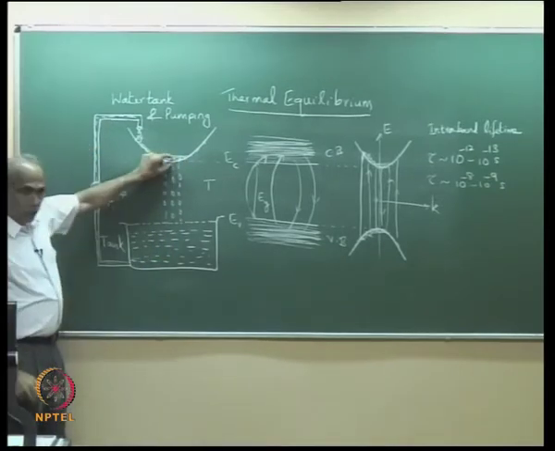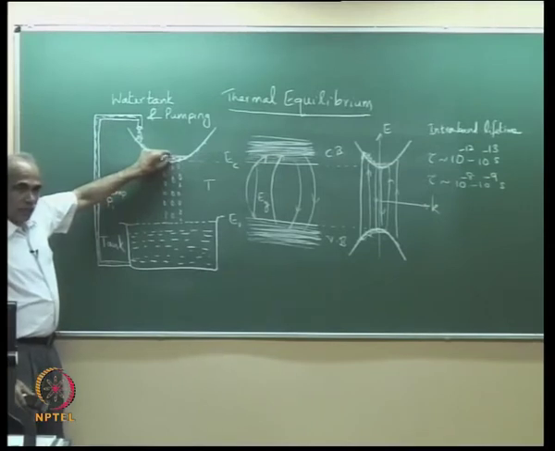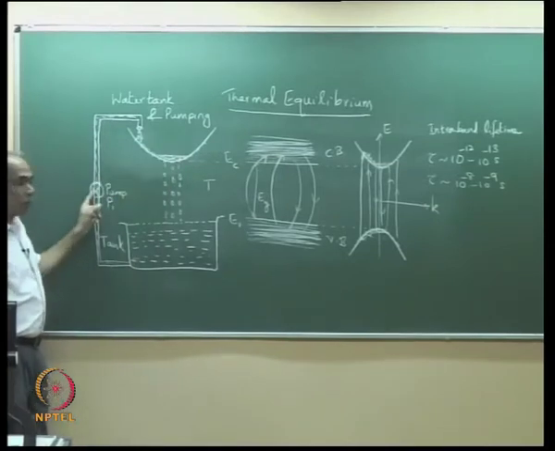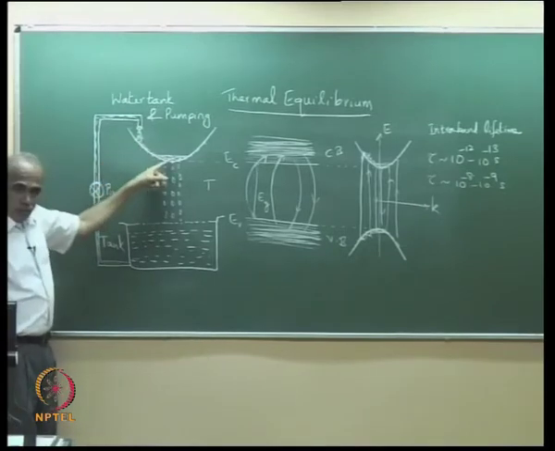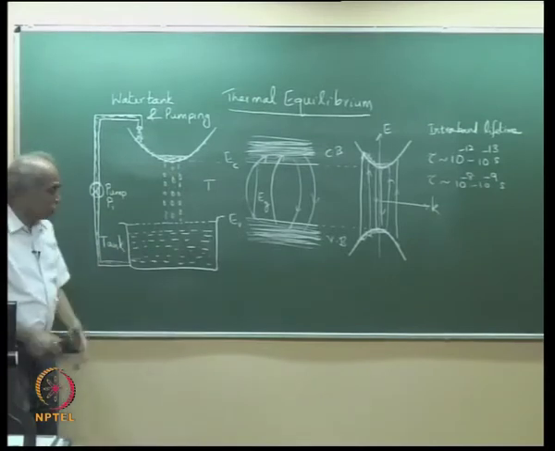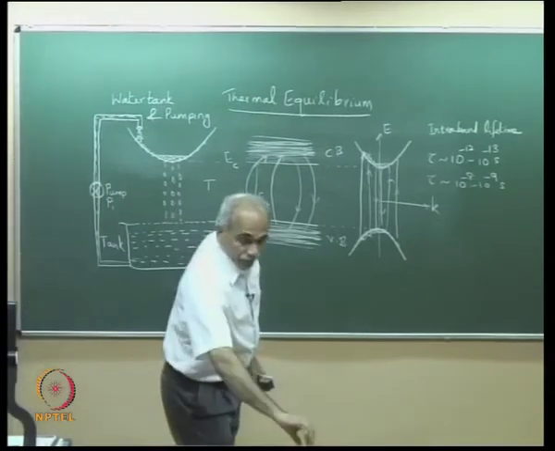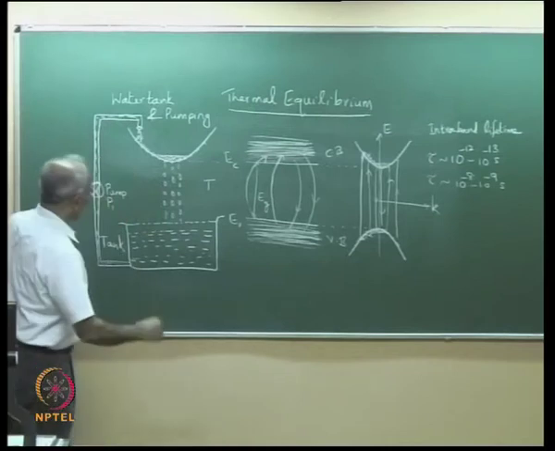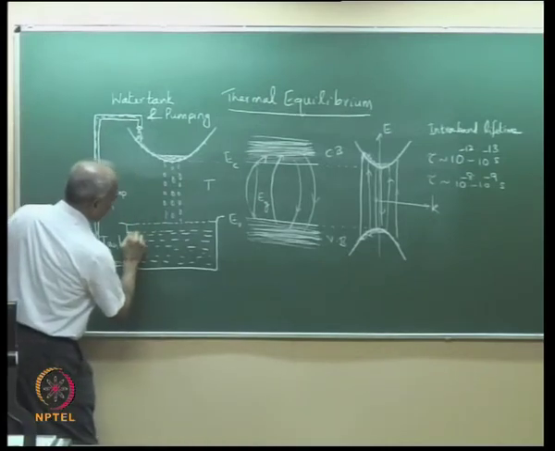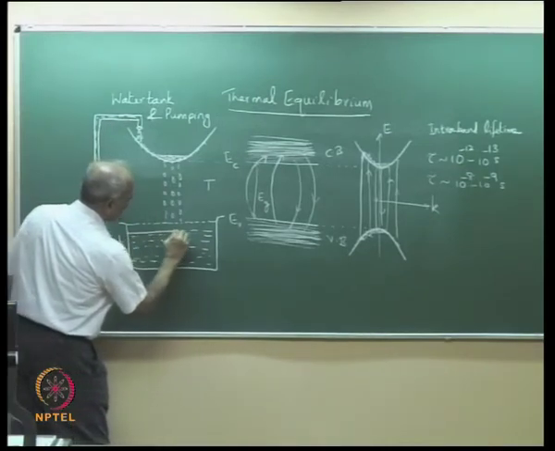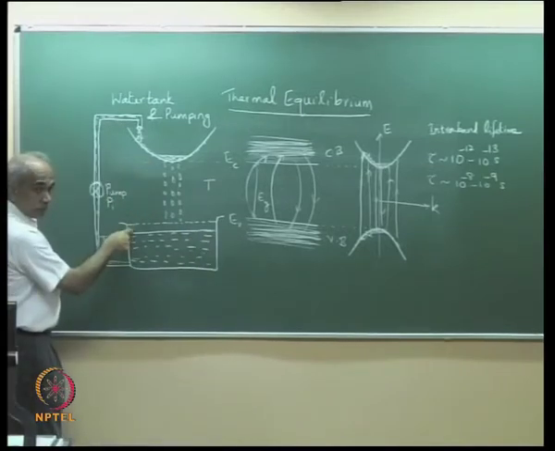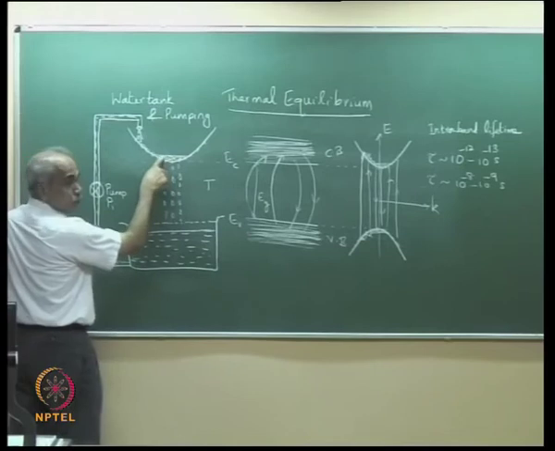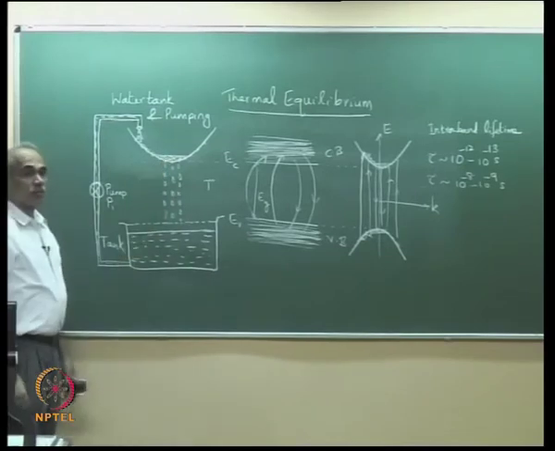The level of water here depends on the pumping rate. If I pump very slowly, a very small amount of water is entering this tank and it is also going down. So the new steady state, when the pump is on, is that the water level has come up to this. There is no vacancy here and there is water up to this.